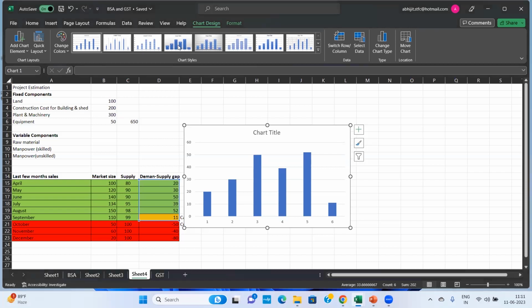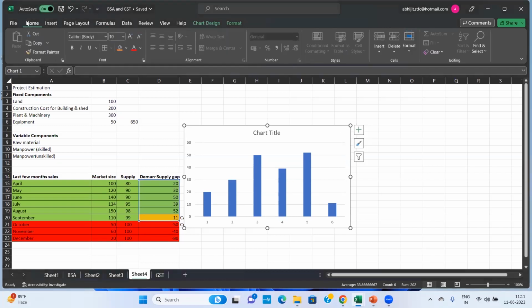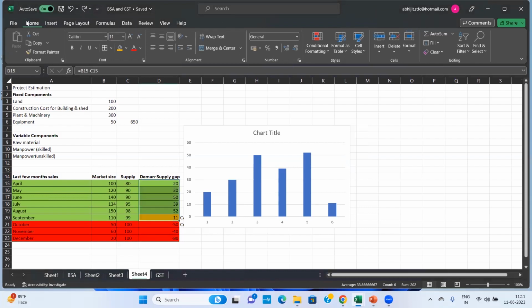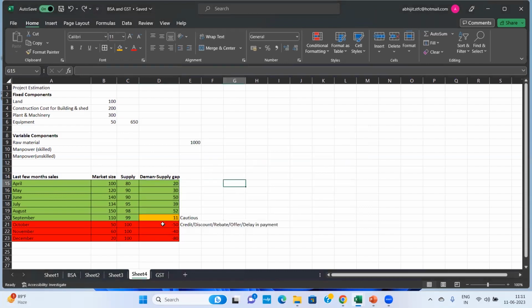Now you tell me, what should I do at this stage, and how do I plan my raw material accordingly? When you are doing an analysis, you have to deep dive and work like a consultant, as if you are consulting the client. Client doesn't know anything. Reduce the production, correct. Reduce the production.